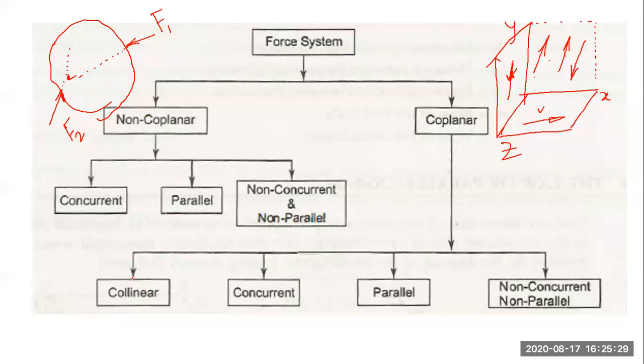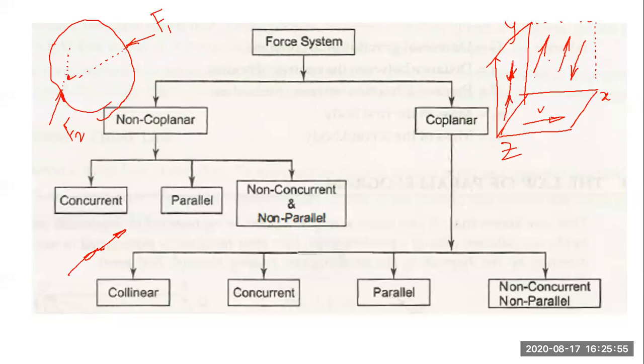Collinear means two forces are in the same line. It is only possible if two forces are in the same plane. That's why collinear forces are not possible in coplanar, or that means which can be in different planes. Say in the YZ plane, there is one force, and in the same line, there is another force.